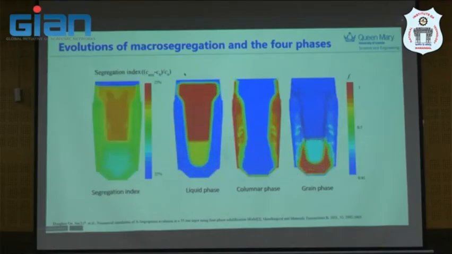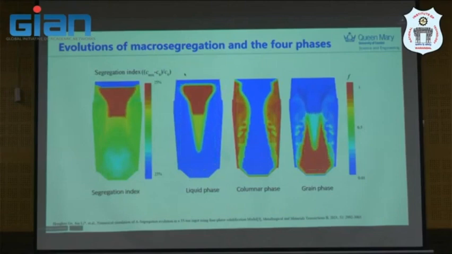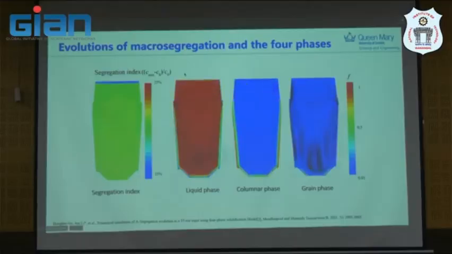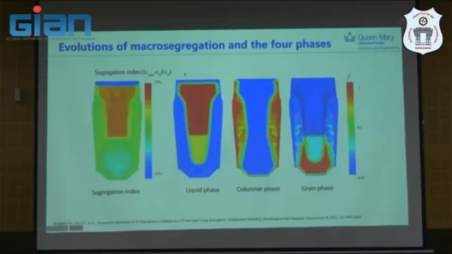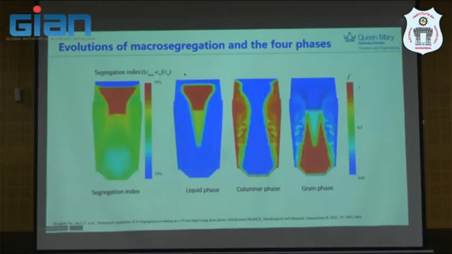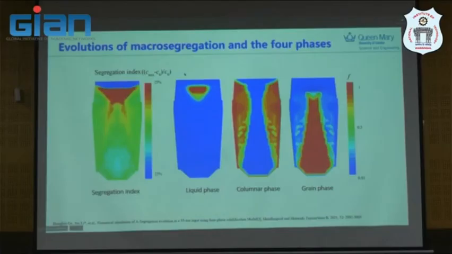It's based on the kind of indexes that you want to identify the morphology of the grain. So this is not a real equiaxed or columnar simulation, because this is 50 tons of steel. It's not possible. So again, you need to understand.